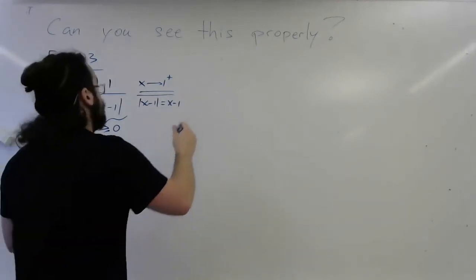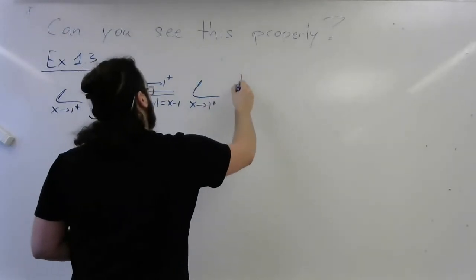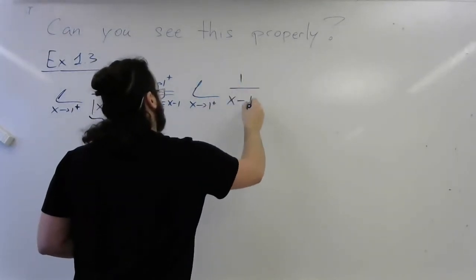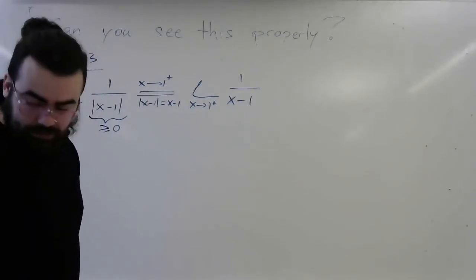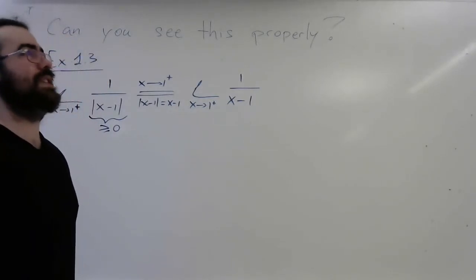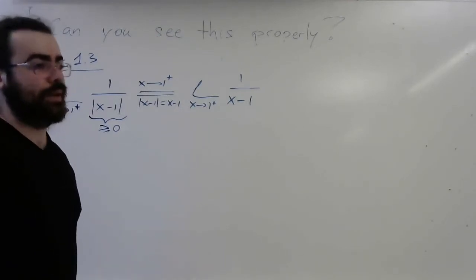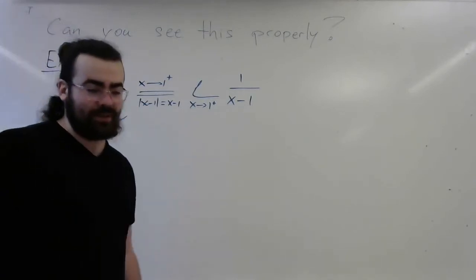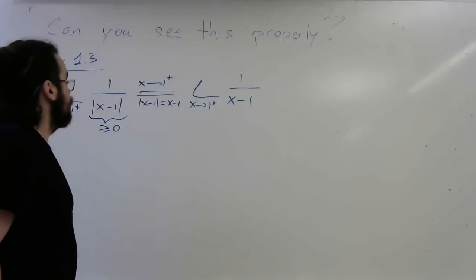And so our limit becomes 1 over x minus 1. Now, if you only said that the limit doesn't exist, then it's fine because you're actually not supposed to know about asymptotes yet. So that will not be a problem.